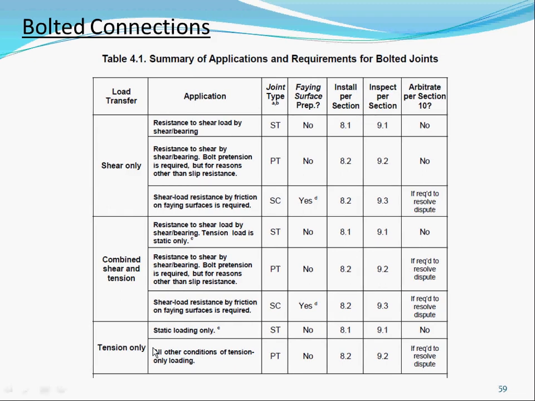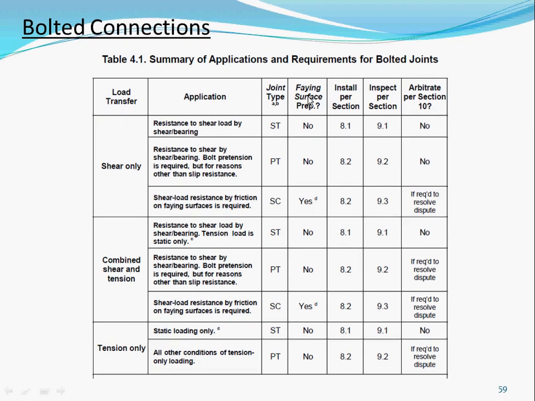So that's tension. What about this one? Shear. That's mostly shear. So for shear, we have three options. Shear resisted by bearing, resisted by shear bolting. Both require pretension but for reasons other than slip critical. We fall under here. The reason is we did not prep our surface.